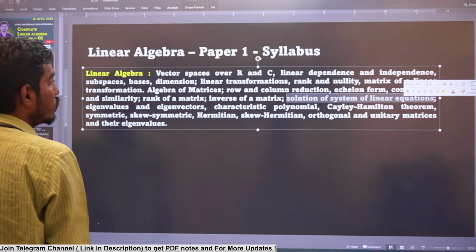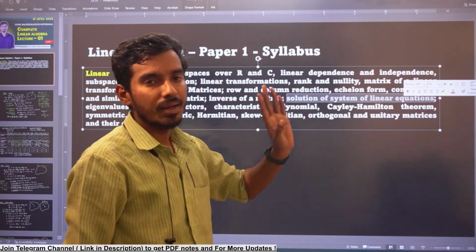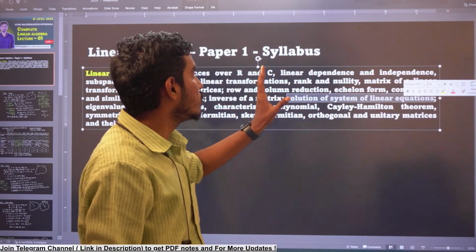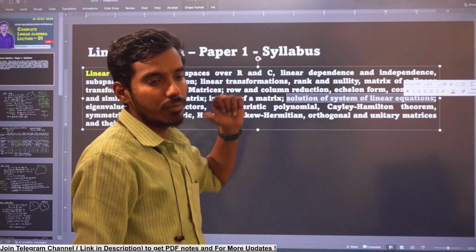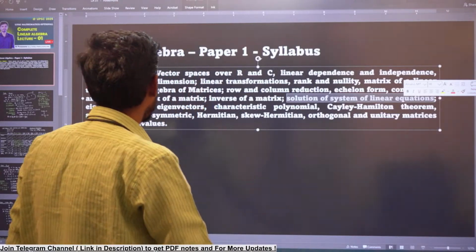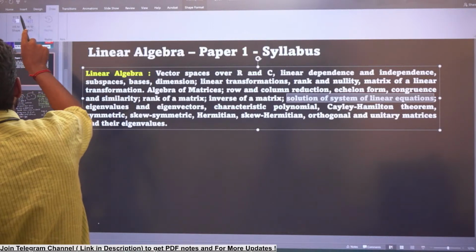So I have moved directly to this topic. Don't worry, our next topic will be linear dependence and linear independence. To give more idea about that, I have introduced this topic, and then we'll be moving on to that topic. As of now we have completed vector space over R and C.